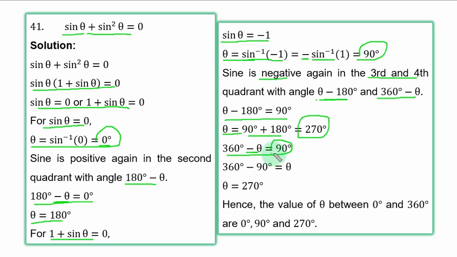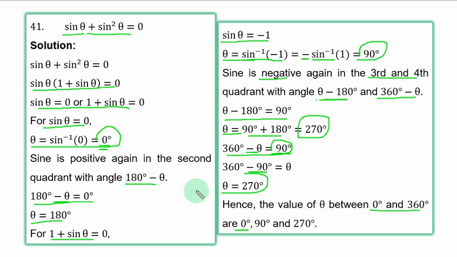You transfer plus 90 degrees to the left, it becomes negative. After subtraction, theta is equal to 270 degrees.